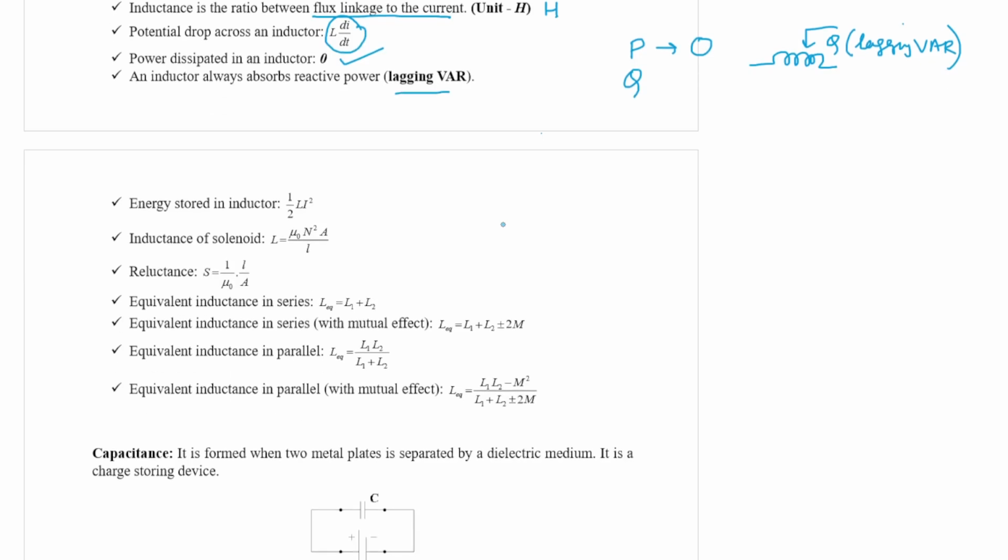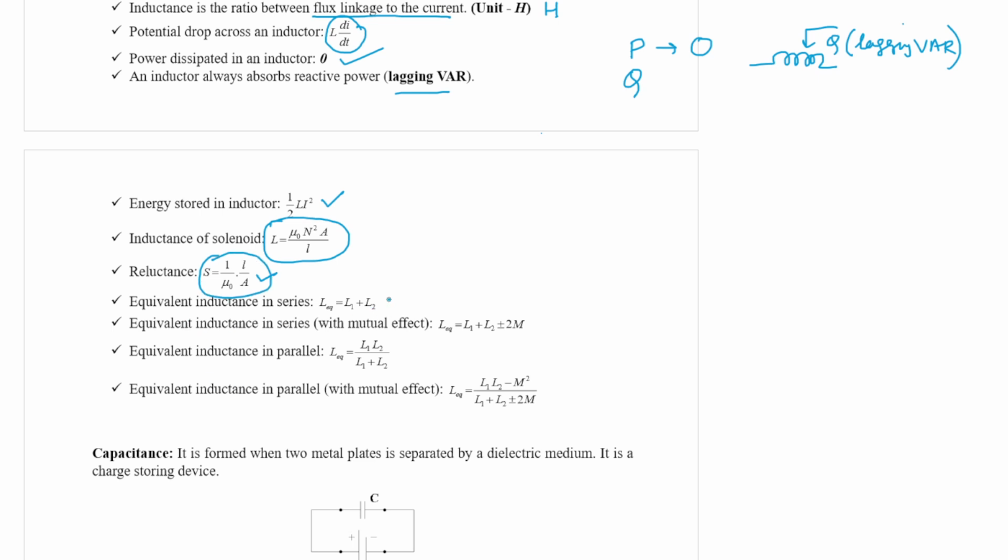Now energy stored in the inductor is given by half L i square. It is 10+2 standard physics, you should know that. Inductance of a solenoid is given by the formula mu naught n square A by L. Reluctance is given by 1 by mu naught L by A, a very important relation.